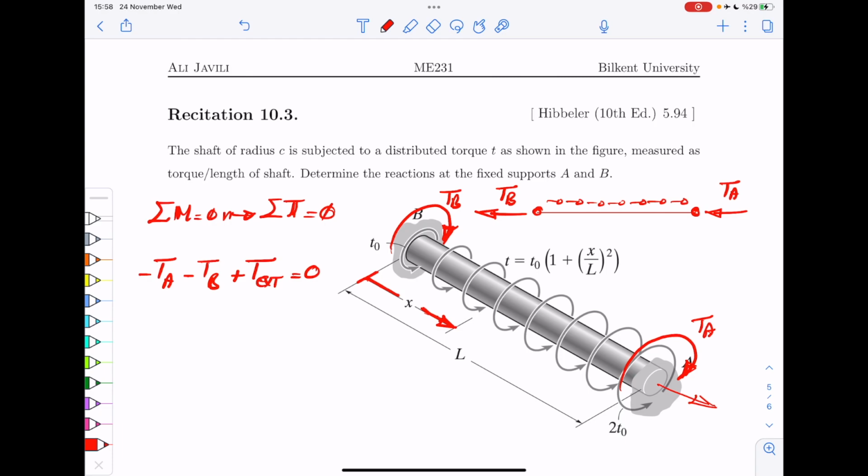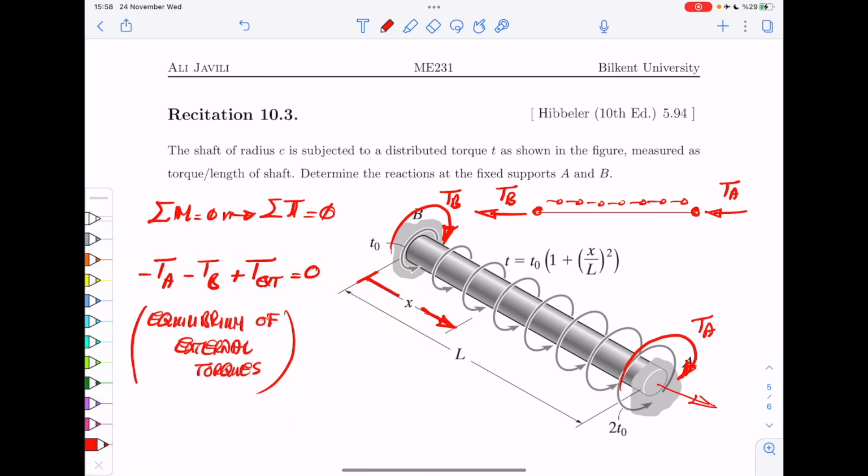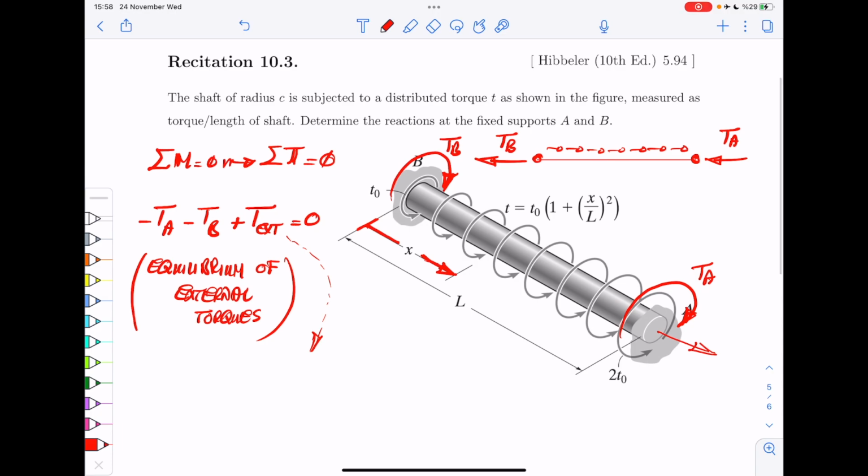So this is equilibrium of external torques. Again, what I call T external itself must be an integral of those little t's.